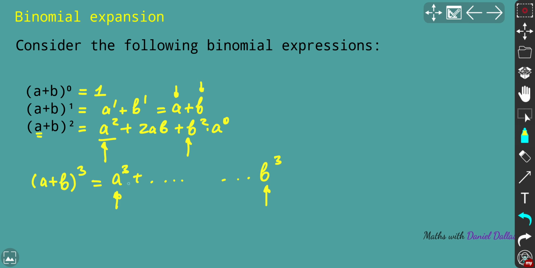We have no idea of the coefficient, but we might assume there is going to be a decreasing power of the first term and, simultaneously, an increasing power of the second term. So the next term is going to be a squared b, and probably the next term is going to have some coefficient we have no idea about right now, but a is going to stay in the power of 1, while b rises in power by 1.